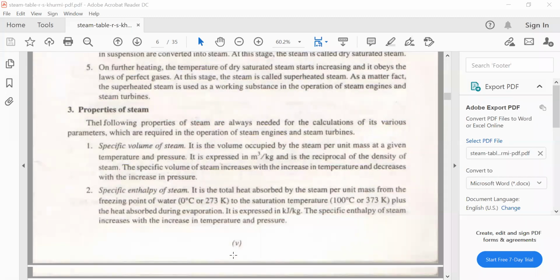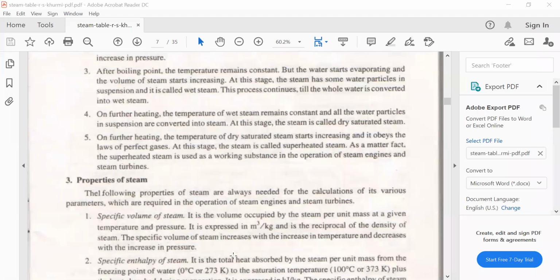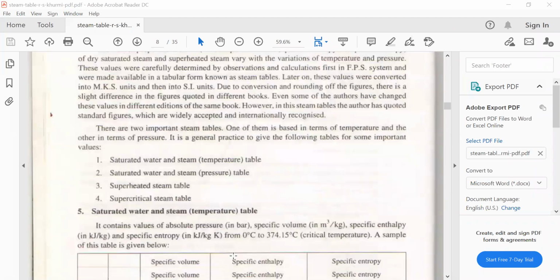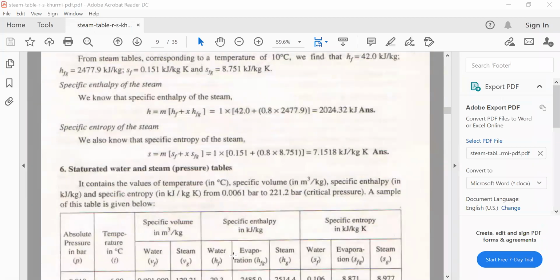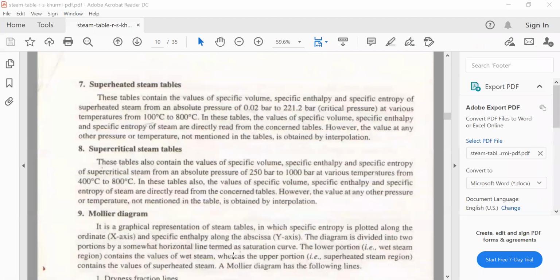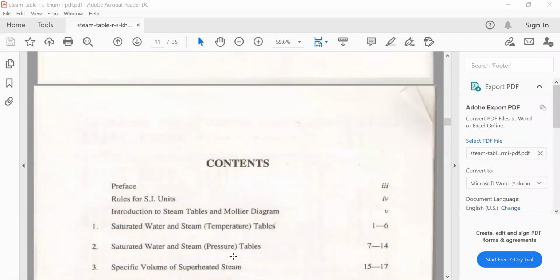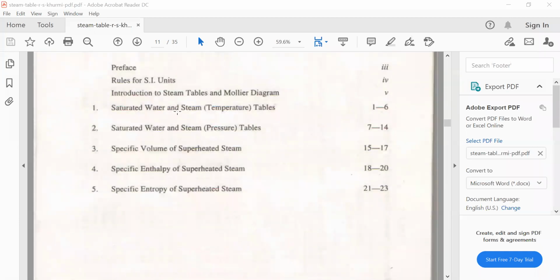I will show the contents. If you see the index, you will get: introduction to steam tables and Mollier diagram, saturated water and steam tables, pressure tables and temperature tables, specific volume of superheated steam, superheated tables.